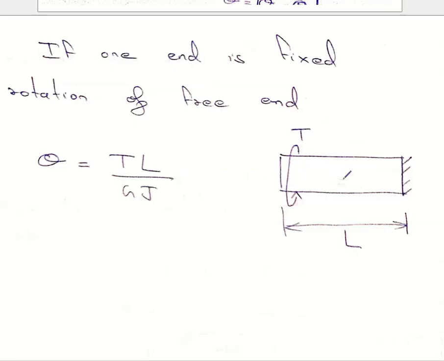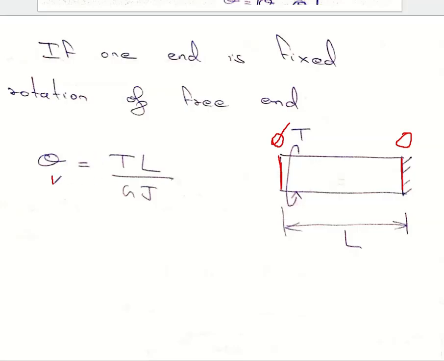Because in the first video, I have already said that all the cross sections will be rotating at some angle between 0 and theta. This face rotates by 0 and this face rotates by theta. Now to calculate theta, the distance between the fixed section and the free face is the total length L. So I can write theta is equal to TL by GJ.